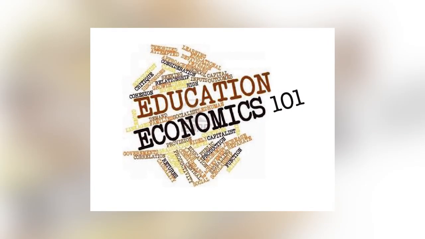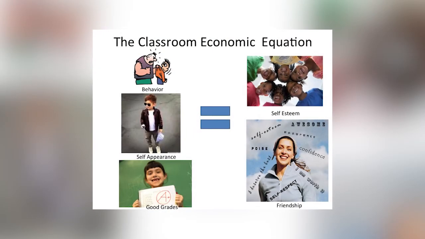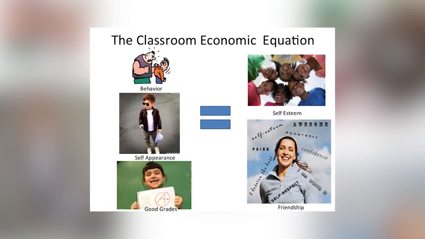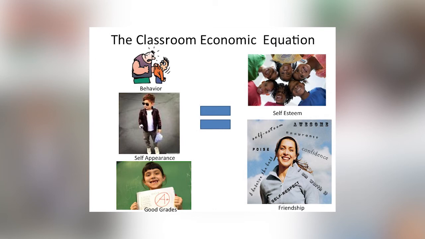See, Education Economics 101 is designed to provide educators with an economic equation that visually depicts the currencies within their classroom. With this equation, educators can now actively manage the currencies within their classroom and curb or promote behaviors by assigning appropriate valuations of each currency.